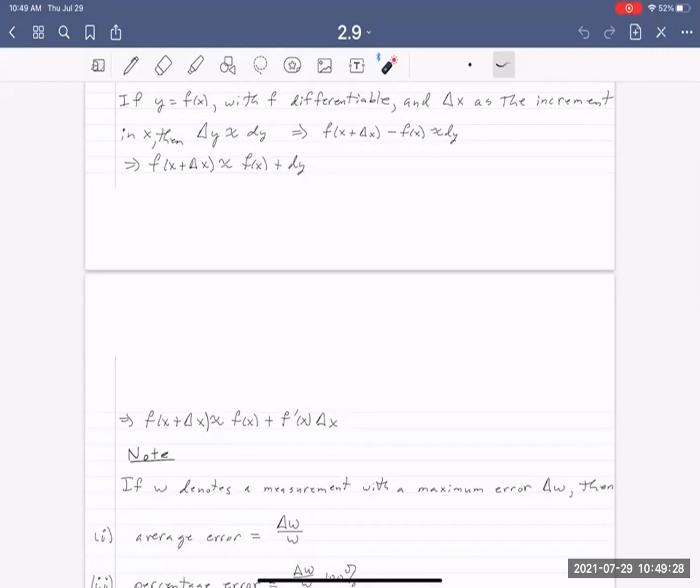Therefore, I can approximate f of x plus delta x using the following formula. f of x plus delta x is approximately equal to f of x plus f prime of x times delta x. Okay, so that's a nice approximation formula. It's our linearization for my function.